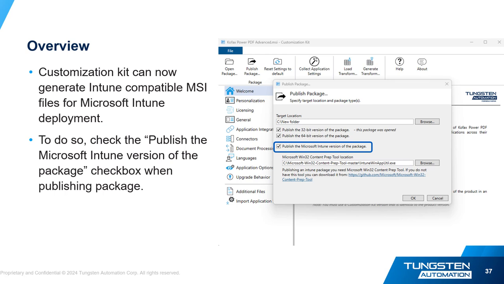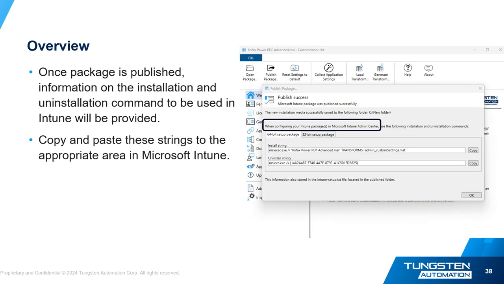The customization tool, which is included in the Power PDF downloader, is used to create the MSI for mass deployment, and it will now have a checkbox to create an Intune version of the package. Once the package has been successfully created and is ready for download, it also provides the install scripts to be copied and pasted into Intune. This will make the task of IT teams in enterprise customers easier to mass deploy Power PDF to their end users.